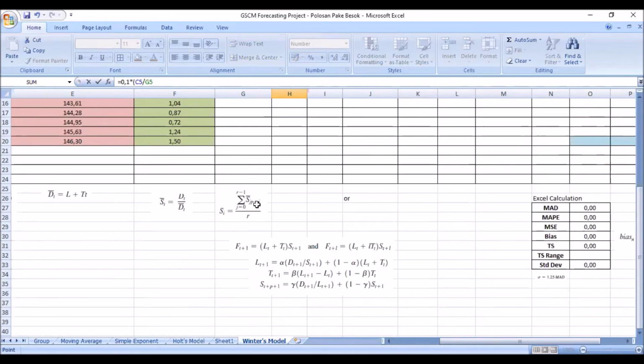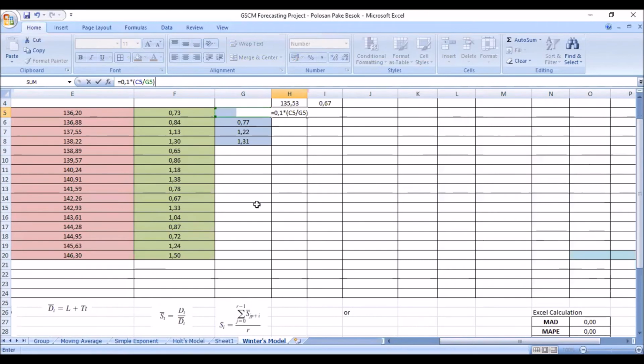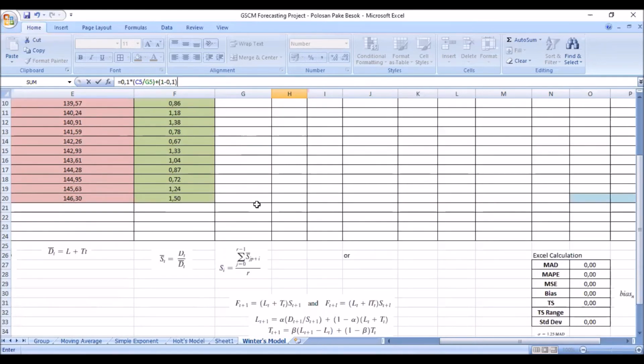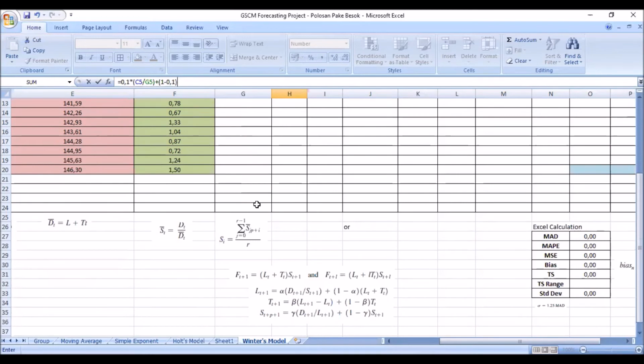And don't forget to calculate it with 1 minus alpha. It is going to be a bit tricky though. Multiplied by the level and trend of the previous period.